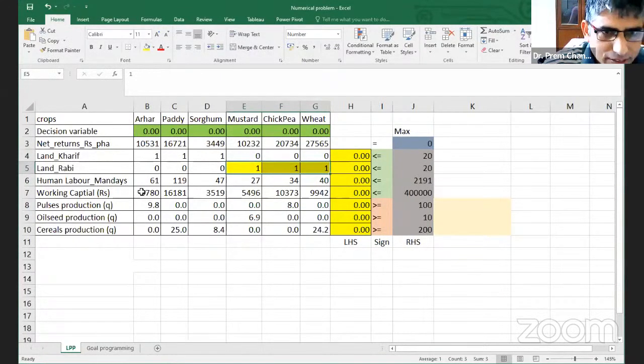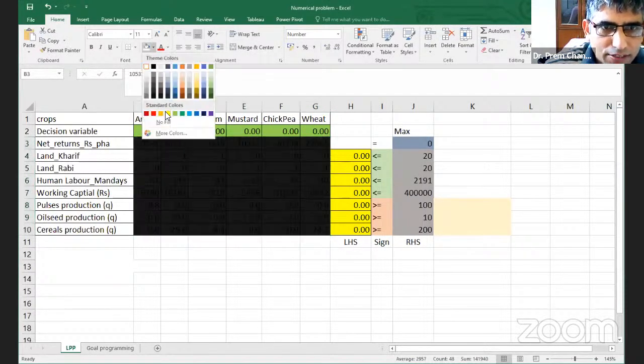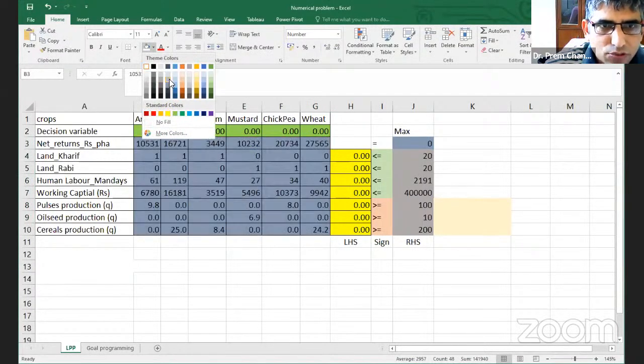And then the yields are there. Let me remove the color so that you can understand. The yield for Arhar is 9.8 quintal per hectare.